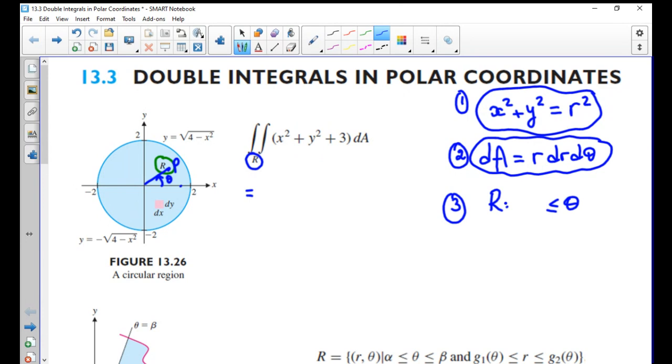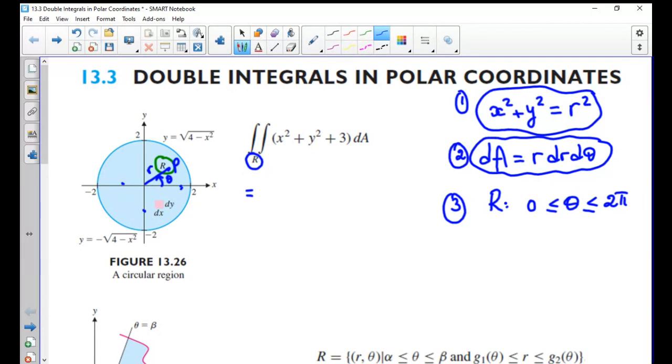If you take a point here, for example, what is its theta? 0. And you move around. If it's here, it's going to be pi. If it's here, 3 pi over 2. And then you come back. So theta really goes from 0 all the way to 2 pi. If you want to cover the whole circle, theta will have to move from 0 to 2 pi.